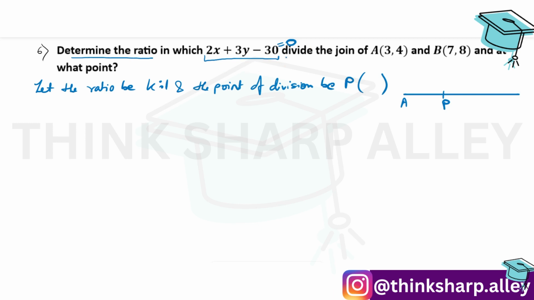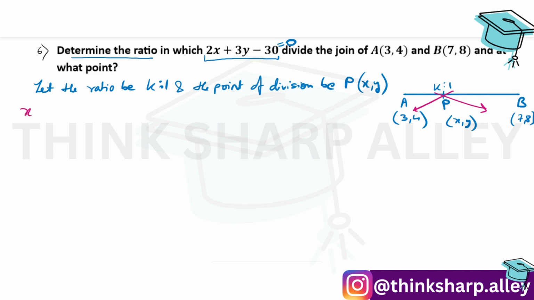So the point is lying on this line. So I have to take the point of division to be x, y. And let me fill this up. This is 3, 4. This is 7, 8. This I don't know. So x comma y, and the ratio is k is to 1. Now, obviously, I'll use section formula to calculate the value of x and y in terms of k.